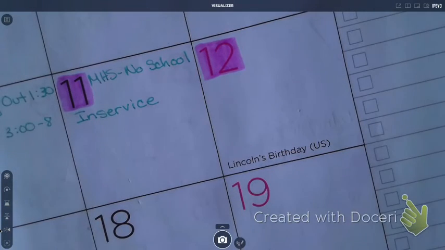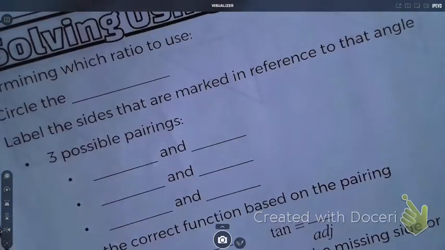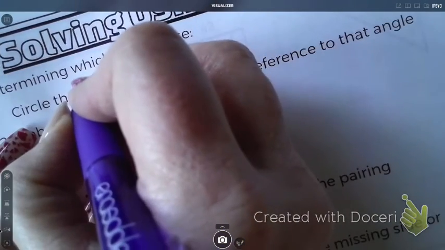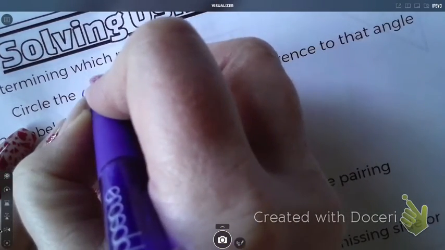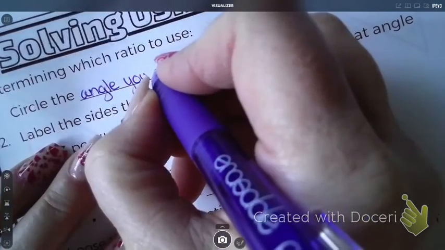This is a procedure list that might help you. The first thing you are going to do in your procedure is circle the angle you are using.